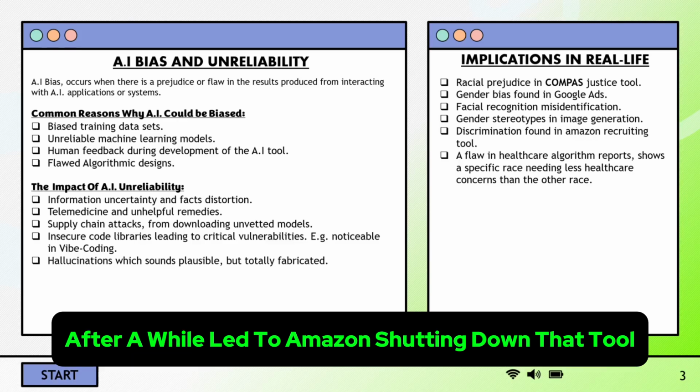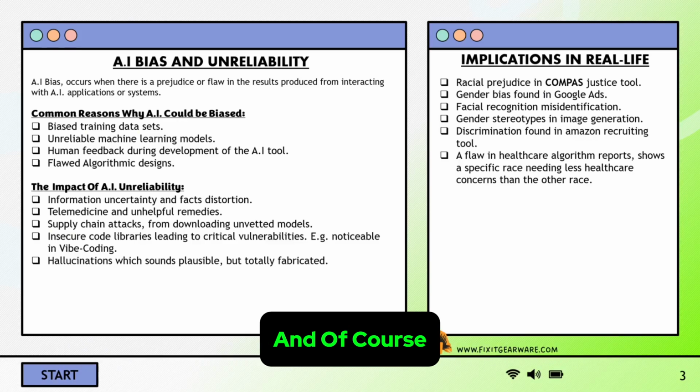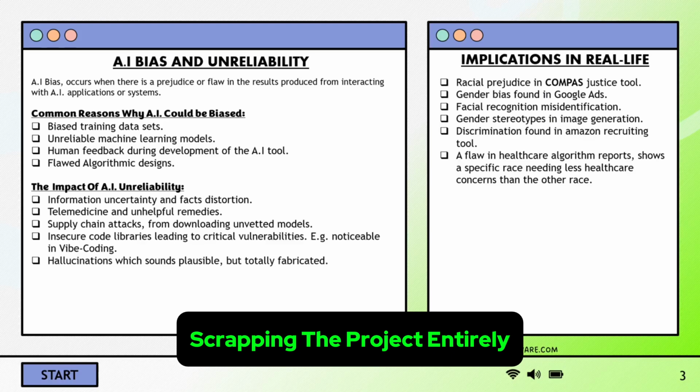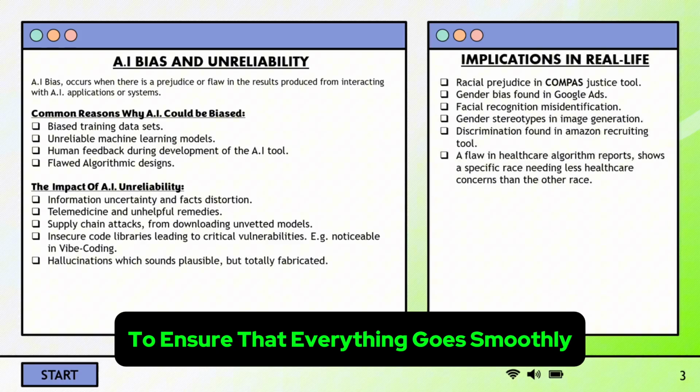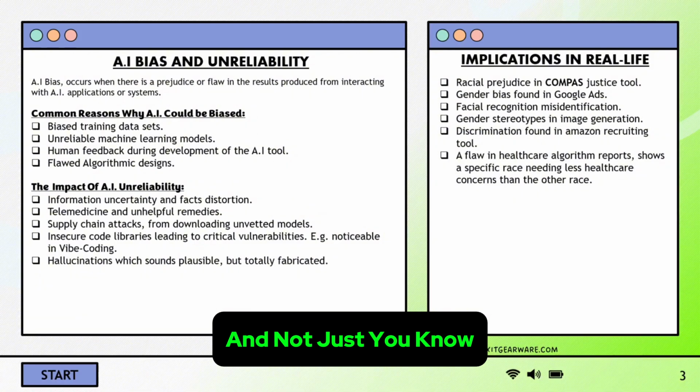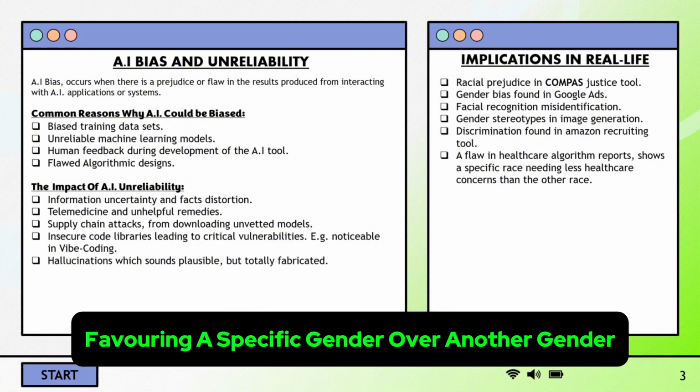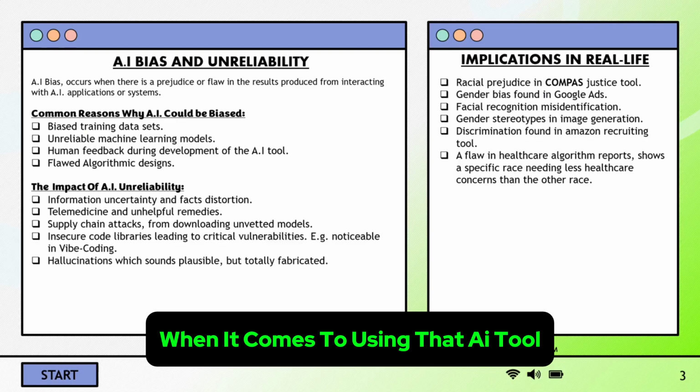After a while, this led to Amazon shutting down that tool and, of course, scrapping the project entirely, to ensure that everything goes smoothly and that it does not favor a specific gender over another gender when using that AI tool.